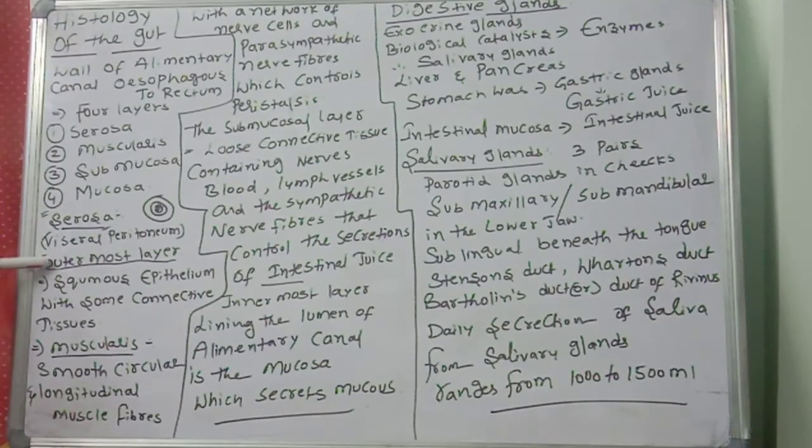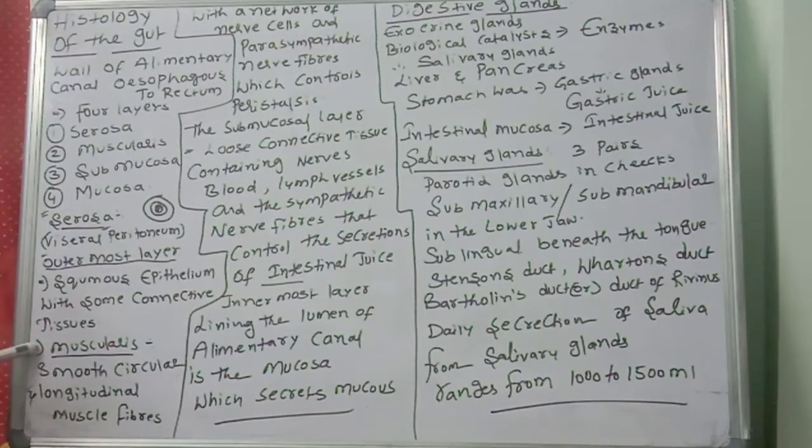It's the outermost layer, made up of thin squamous epithelium with some connective tissue. Very important: the outermost layer is made with thin squamous epithelium. Squamous, as you know very well, means simple epithelium, one layer, with some connective tissues also there.